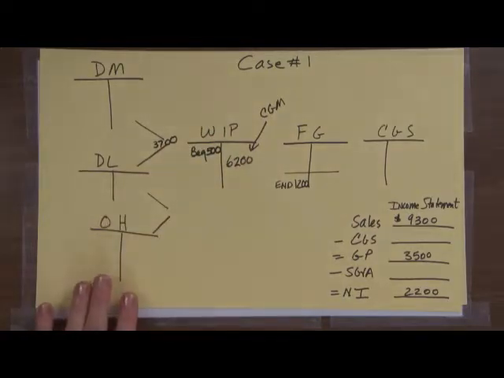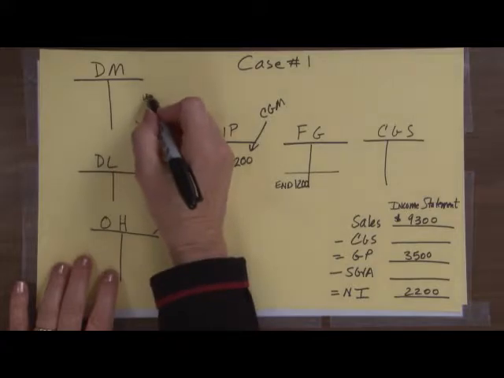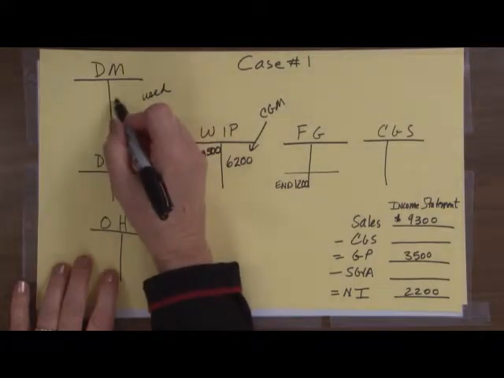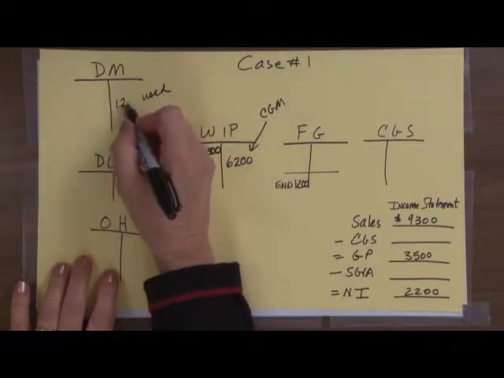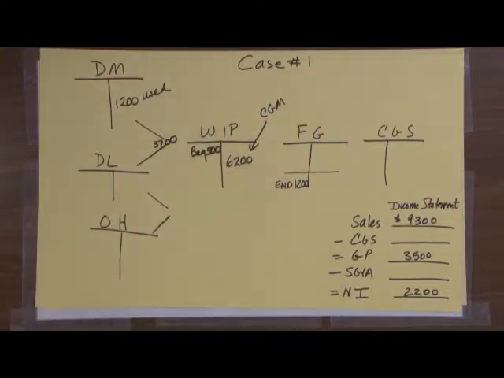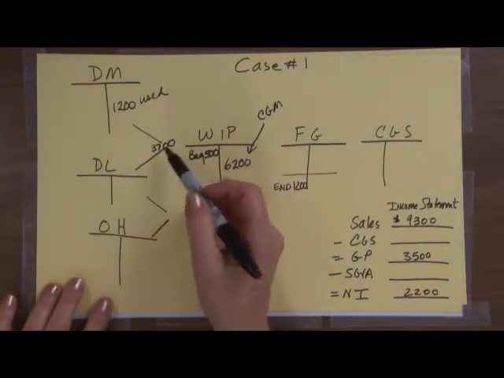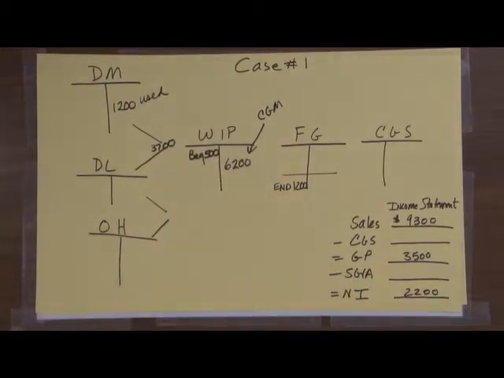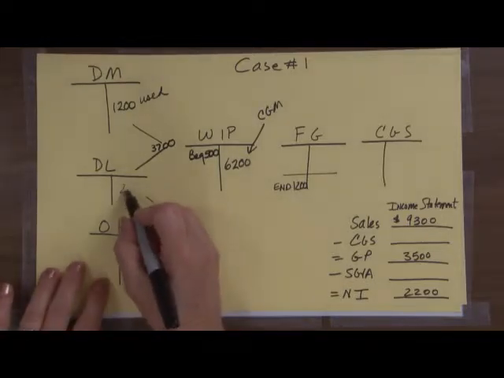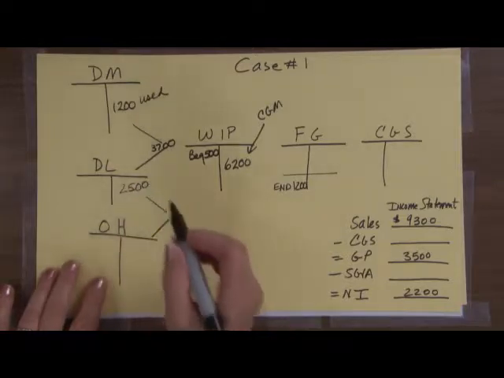And then we were told that the direct material used, and this would be coming out of the direct materials account, was also $1,200. Now let's look at that for a minute. If we know that prime is material plus labor, and we're told that prime is $3,700 and material is $1,200, then it's easy to compute direct labor at $2,500.